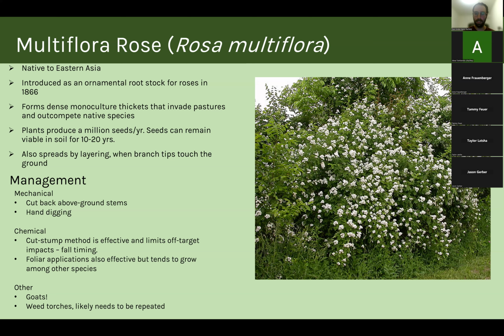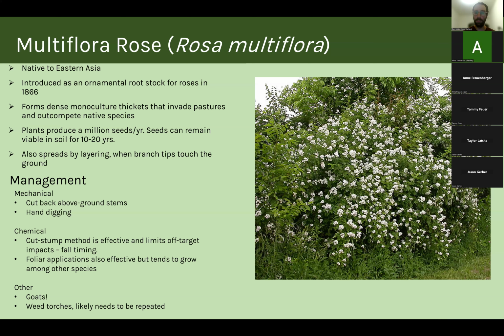So foliar applications should really be weighed heavily before going with them if they are growing among other things, especially native species. Cut stump method, very effective. Hand digging can work very well.